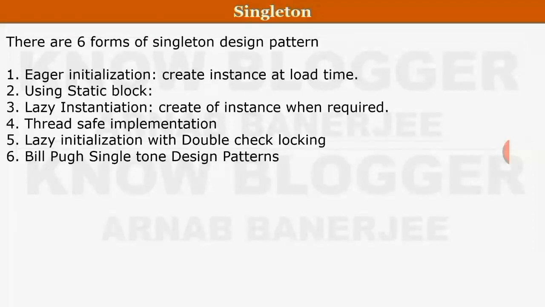If we think that using the synchronized keyword is going to cause slower performance, then we should go for the lazy initialization with double check locking, because here we will use the synchronized block only when the instance is not available.